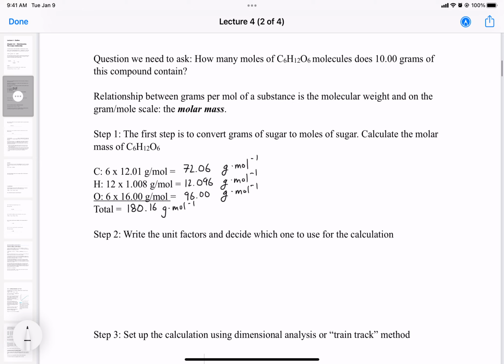So our factors are 180.16 grams per mole. And then we have also 1 mole is 180.16 grams for glucose. Okay, so these moles and grams are referring to glucose or sugar.